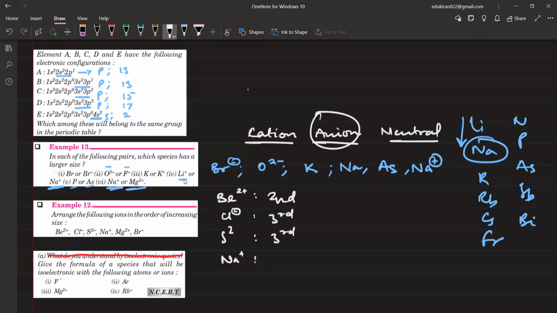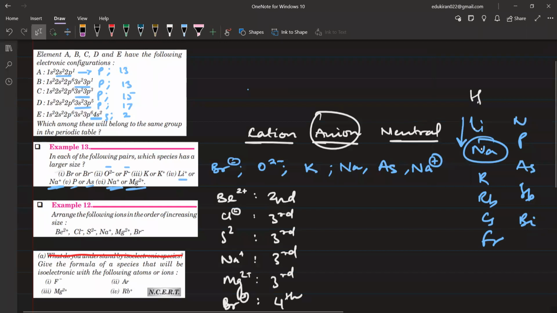Sodium, third, right? See, above this we have hydrogen, helium, hydrogen, lithium, and then sodium. Yes, third. And then we have Mg2 plus, it is also in the third. And then we have Br negative, which is in the fourth period after chlorine.